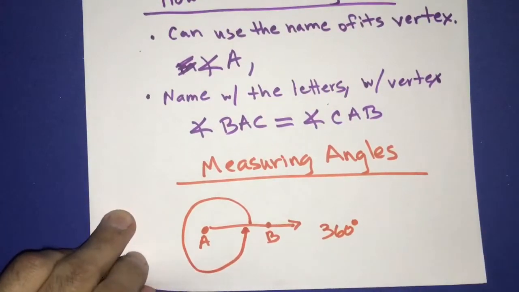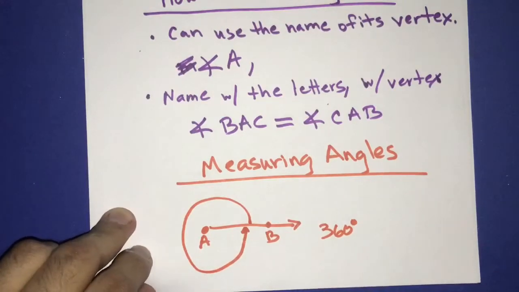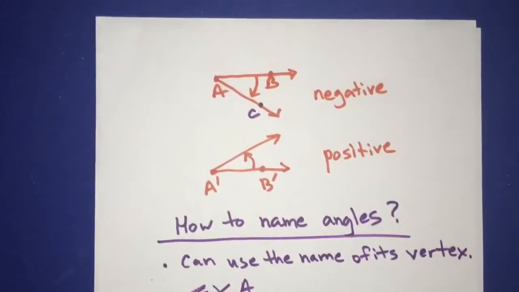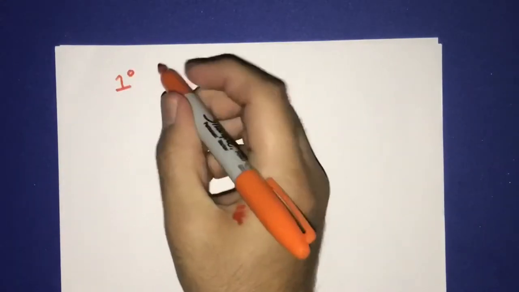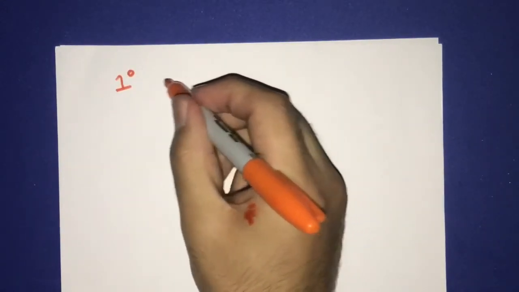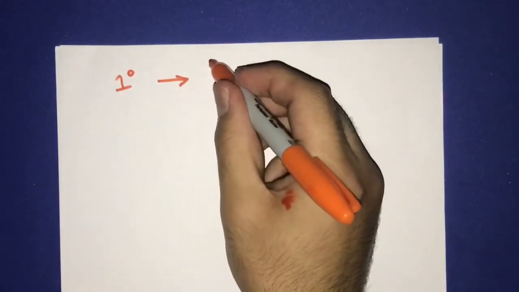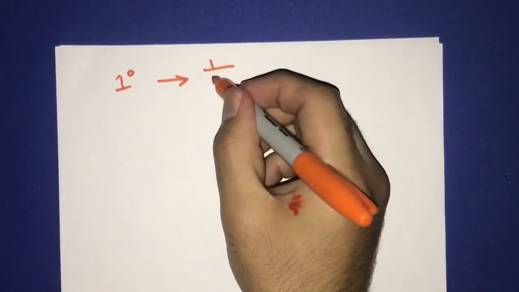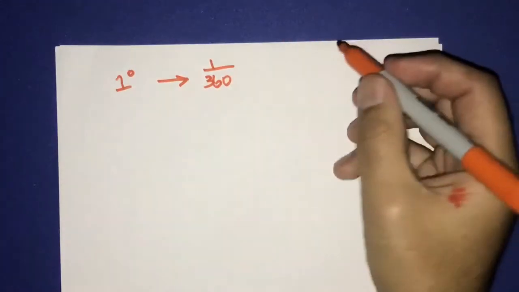So let's go ahead and look at a few special angles. Okay, so we got 1 degree, and that's going to correspond to 1 over 360 of a rotation.